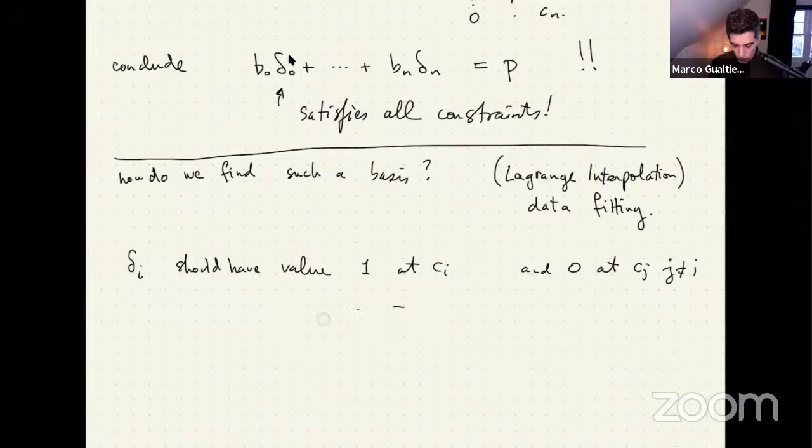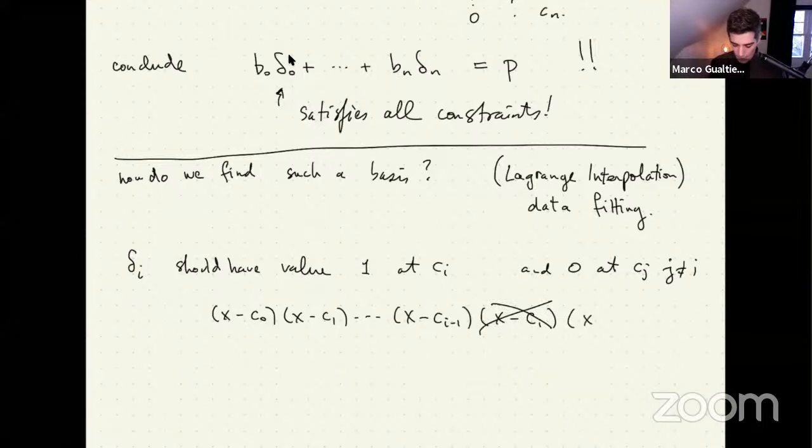Okay, so what does that mean? That means that I can take x minus C0, x minus C1, up to x minus Ci minus 1, but then I do not put x minus Ci. I don't put that. And I want x minus Ci plus 1 all the way to x minus Cn.